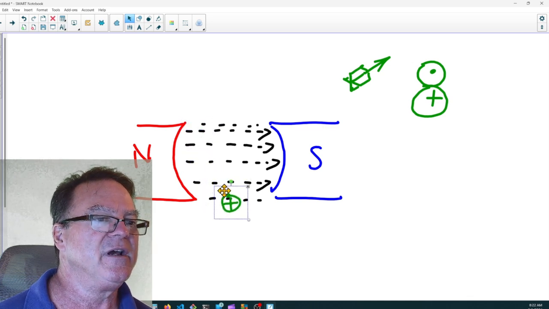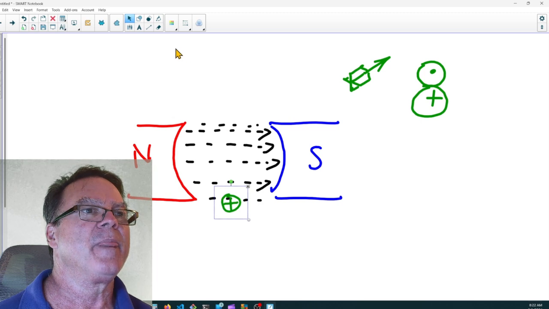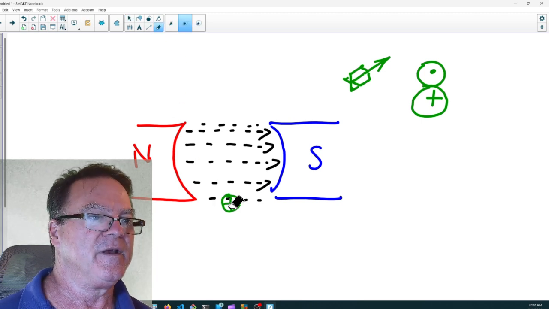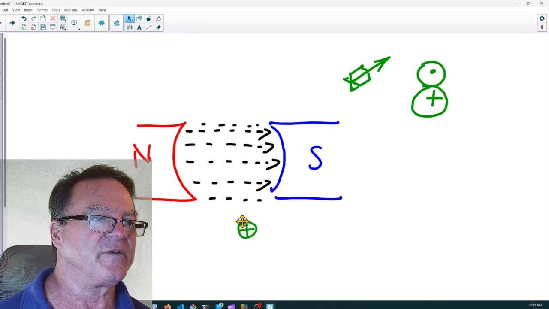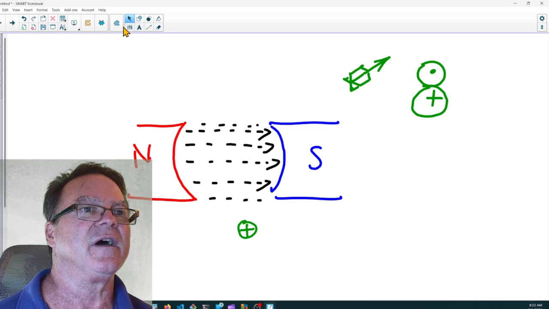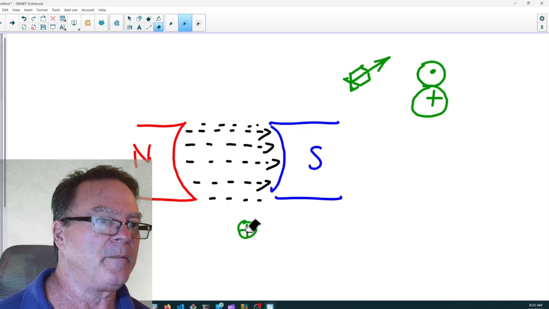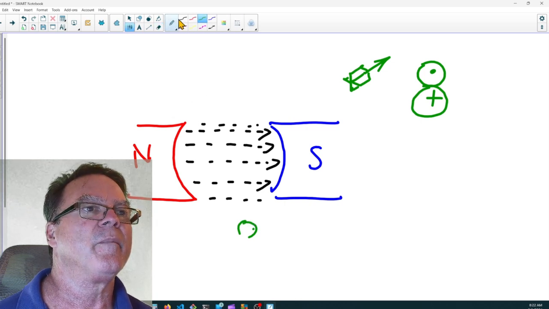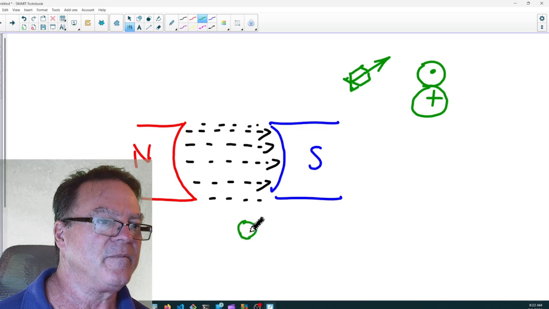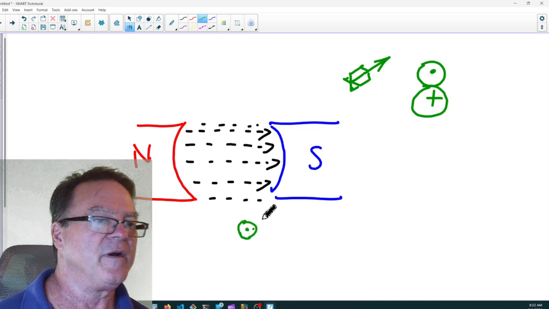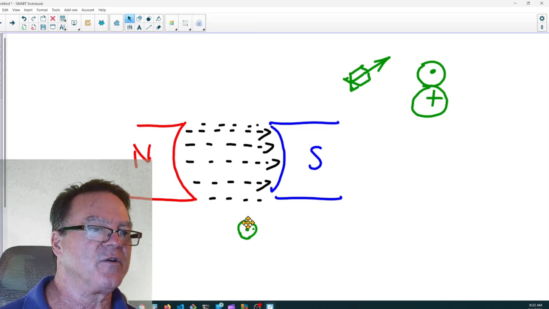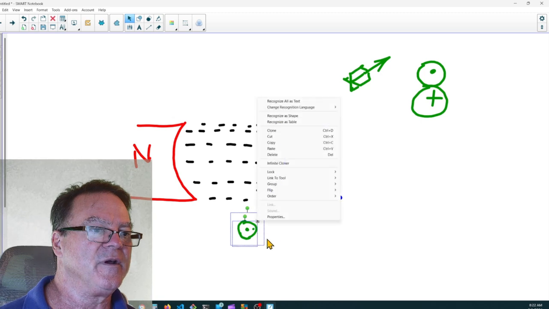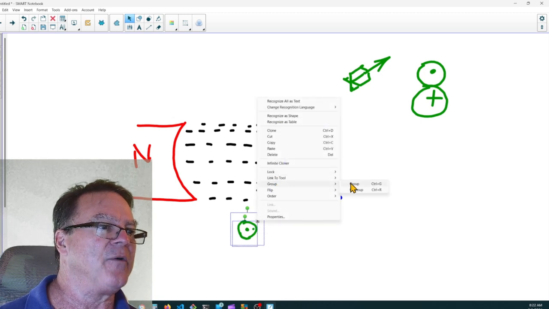It's actually coming out of the board because of that left-hand rule. So now, let me get this guy out of here so I don't erase the wrong thing. Now it's coming out of the board. Just a second ago, the current was going into the board. Now it's coming out of the board.